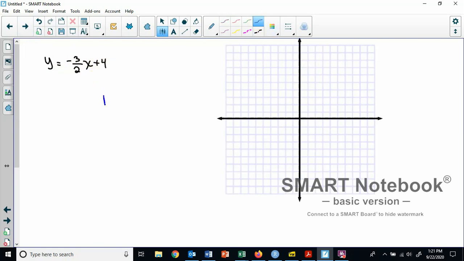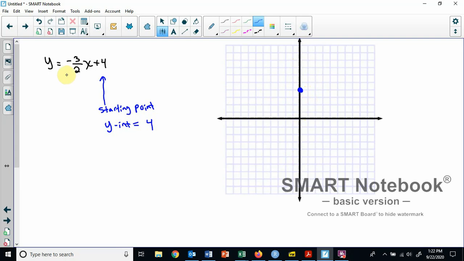Right off the bat, I know my starting point. I have the y-intercept that is at 4. So on the y-axis, if I go to 4, 1, 2, 3, 4, and put a point, that's where we're going to start graphing from.